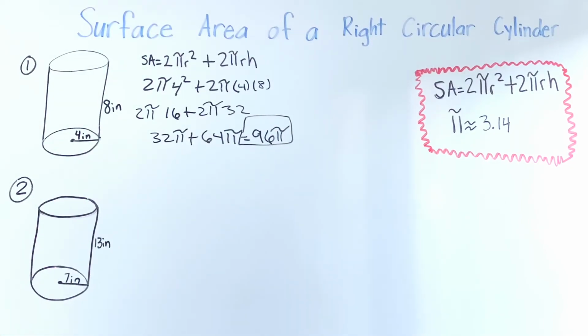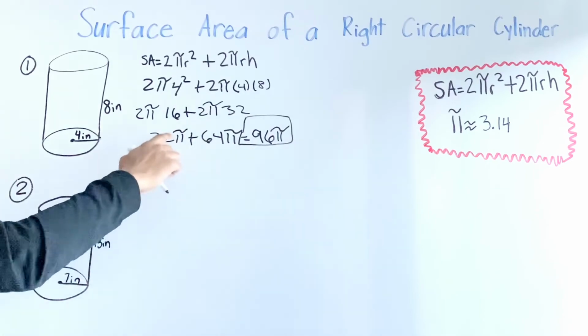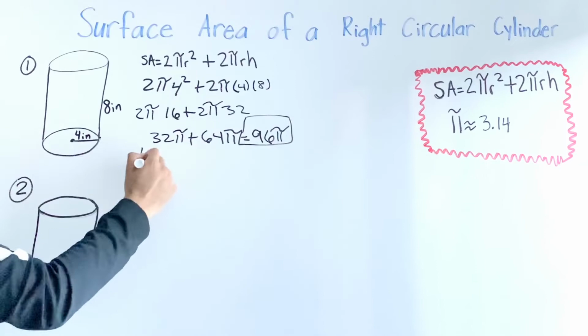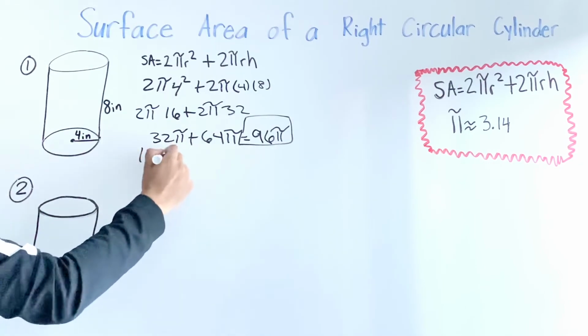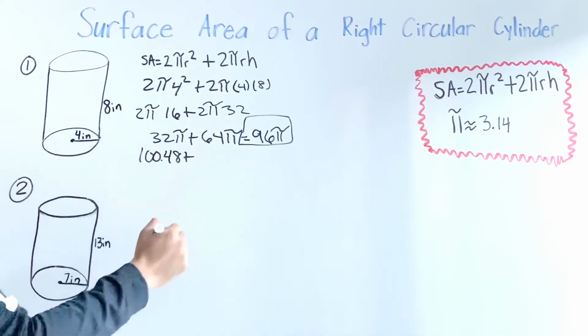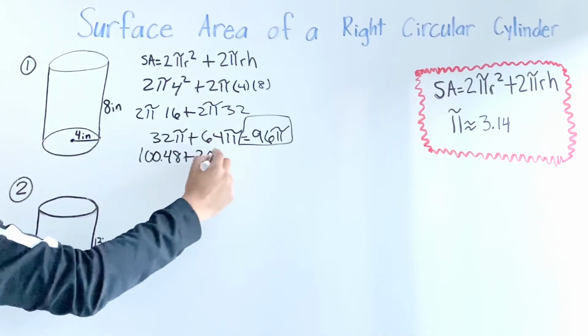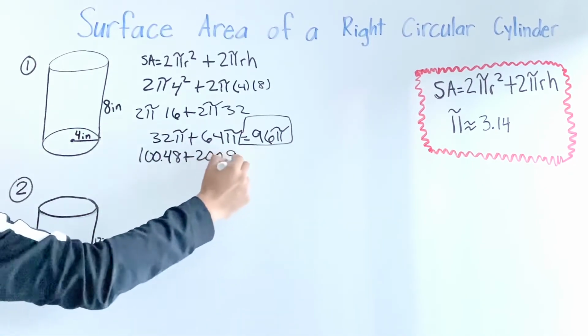But in this case, we're going to go ahead and solve for pi as well. On the right hand side, you can see that we're using pi to be 3.14. So we multiply 32 times pi, which is 3.14, which gives us 100.48, plus 64 pi, which gives us 200.96.